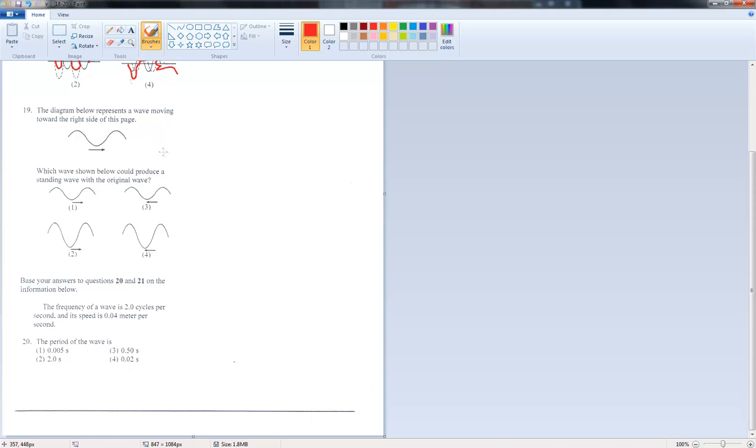So remember, in order to be a standing wave, one of those peanut-looking things, remember they have the nodes and the antinodes.